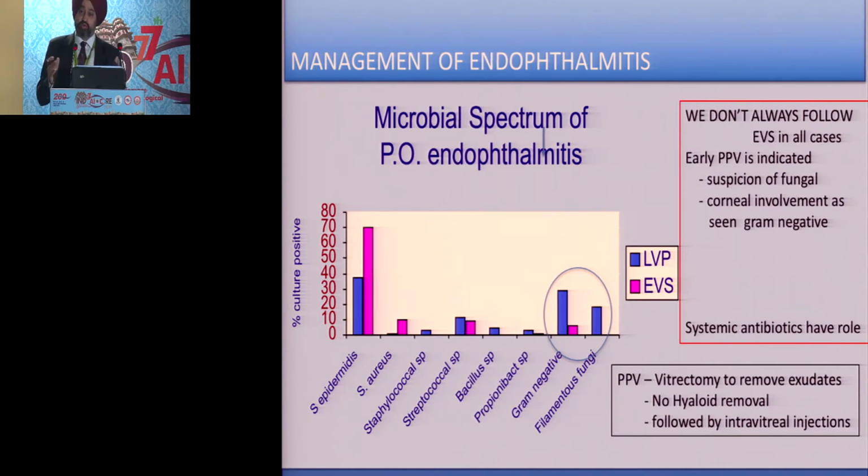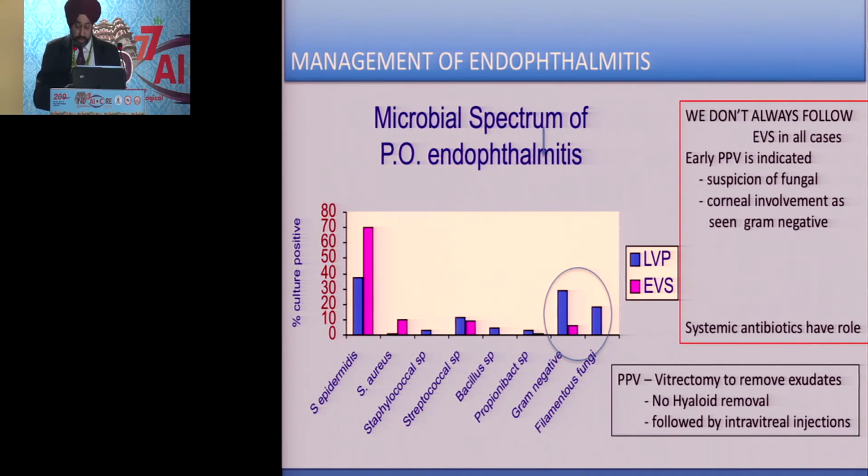There are again two schools of thought, but until they publish that hyaloid removal is important, I don't think it should be done. These patients have necrotic retina. If the hyaloid is detached, it's all right. But if it is not detached, there's no point pulling from the disc and creating suction to remove it, because you will cause iatrogenic breaks and there will be problems.